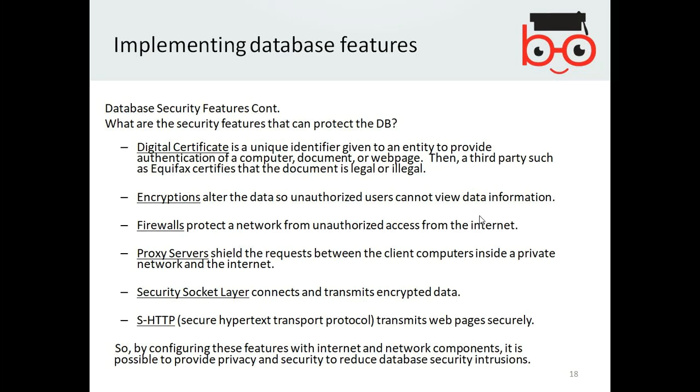A proxy server shields the requests between the client computer inside a private network and the internet. If you create a proxy server, it creates a kind of VPN, virtual private network. They will only be part of the communication between the server and the user. That's also a kind of way.